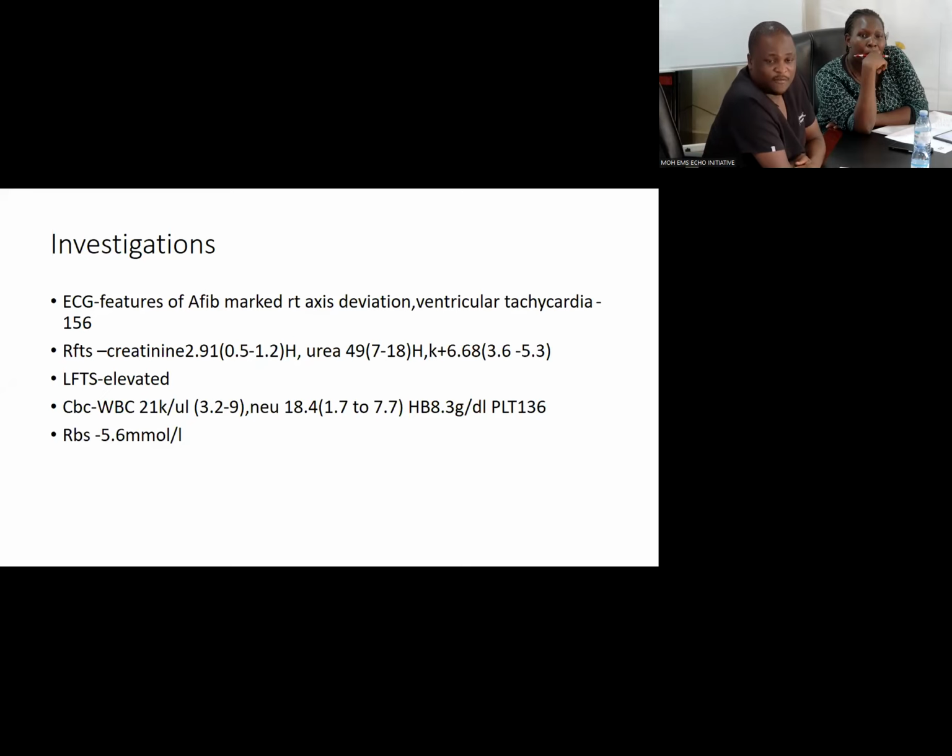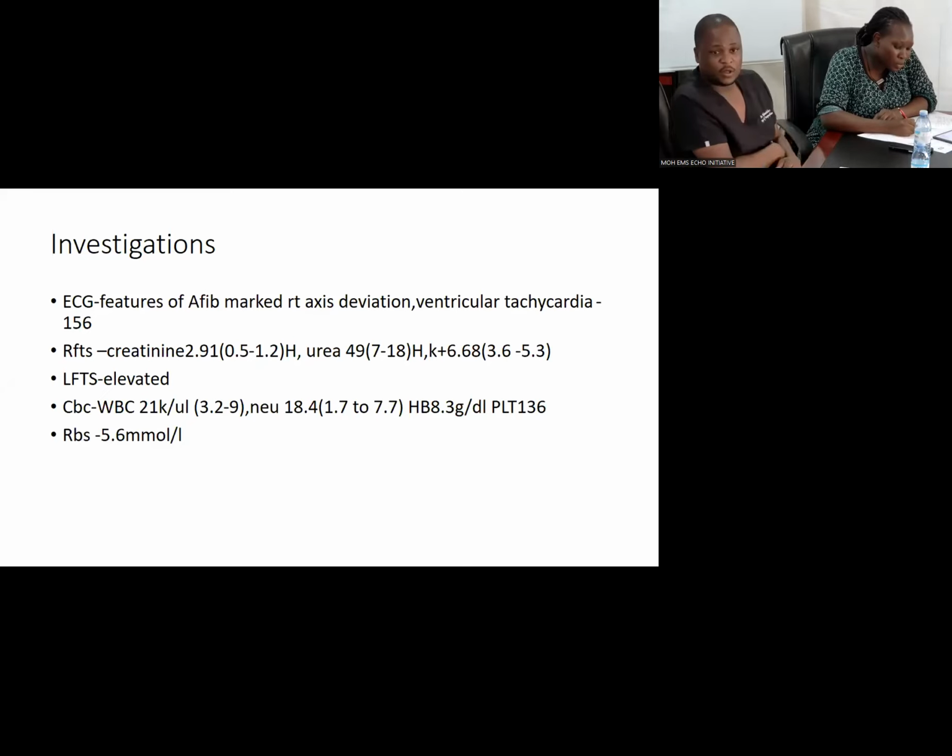In our kidney function test, she had a creatinine of 2.9, twice the upper limit. Also, our urea was elevated, like 4 times more than the upper limit. She had hyperkalemia of 6.68, but our sodium was okay.